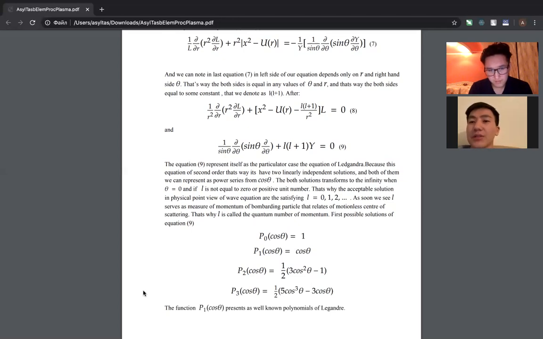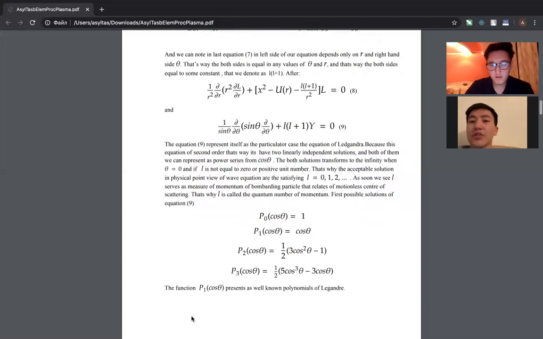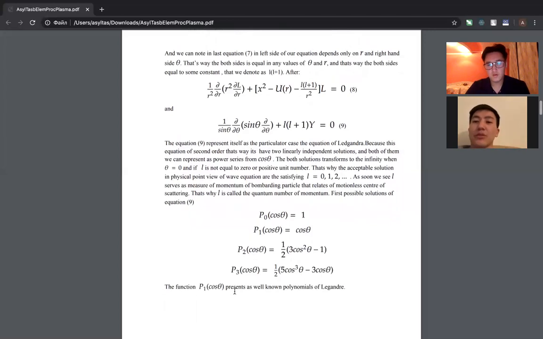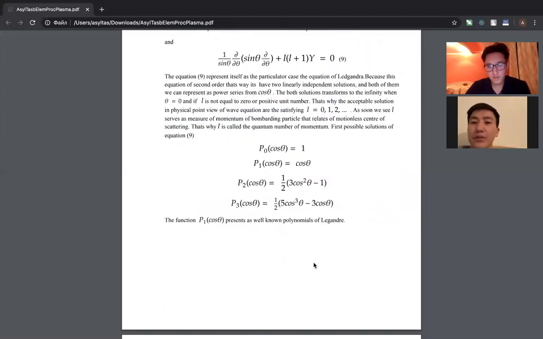We see L serves as a measure of the momentum of bombarding particles relative to a motionless scattering center, and that's why L is called the quantum number of momentum. The first possible solutions are shown below, where the function P_L of cosine theta is the well-known Legendre polynomials.